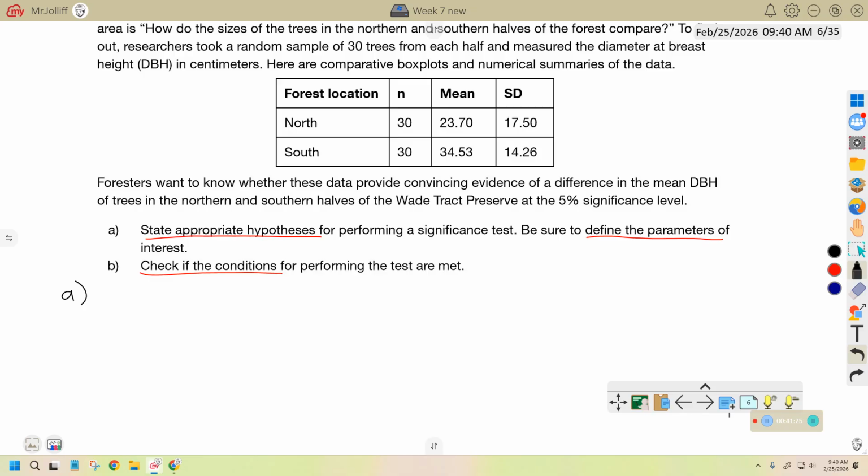So the very first thing I should do is define my means. You have to make decisions. I am going to follow the directions that were given in the problem in the table. North is the top row, south is the bottom row. So mu1 is for the north, mu2 is for the south, and we were calculating the mean what?